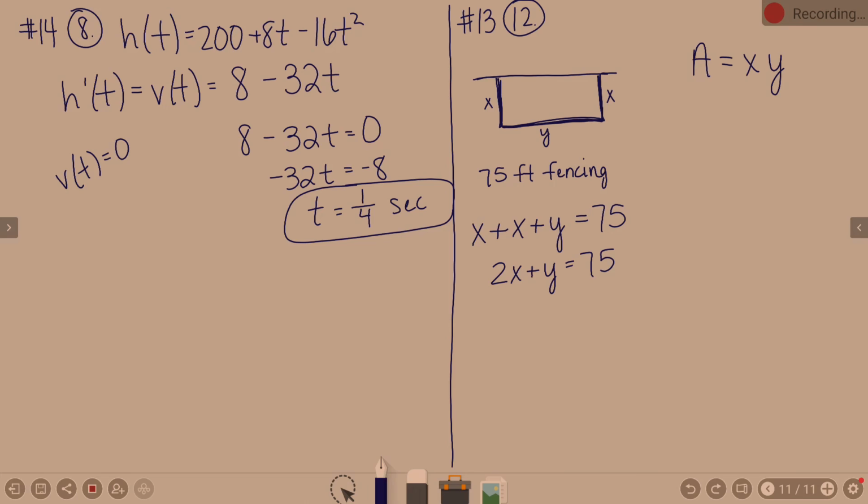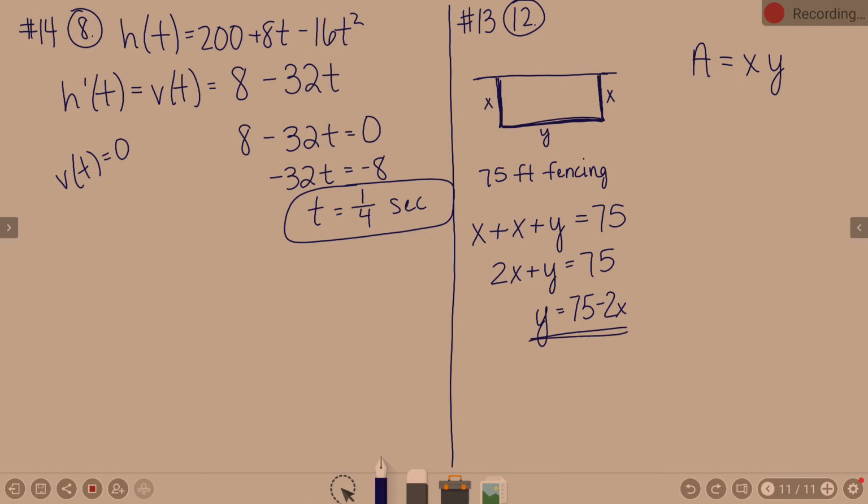Now, you could technically replace either one, but which variable is easier to solve for here? It's easier to solve for y, which is going to put us in terms of x, which is our area where we're more comfortable. So if we solve for y, subtract the 2x over, and I'm going to have 75 minus 2x, or if you prefer, negative 2x plus 75. Now, what do we know?